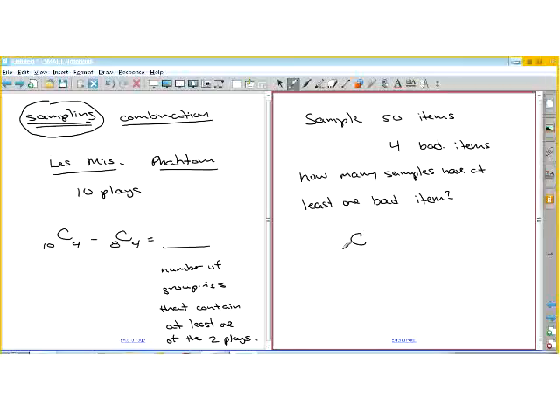So again, what you would do is you would take your 50 items, your total number. Let's say you take 8, you sample 8 out of the 50 items.